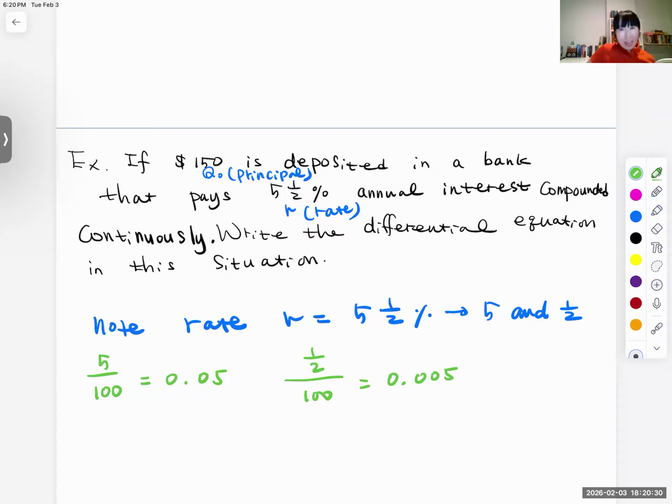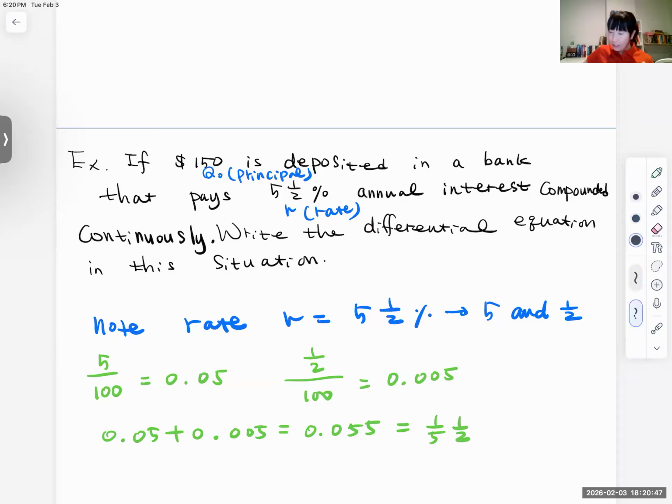If we add 0.05 plus 0.005, we get 0.055, which is 5.5%, which is the rate.